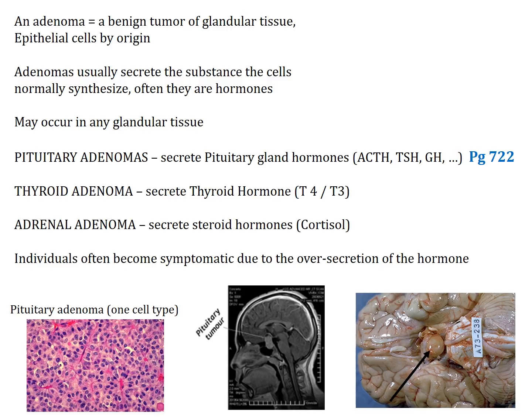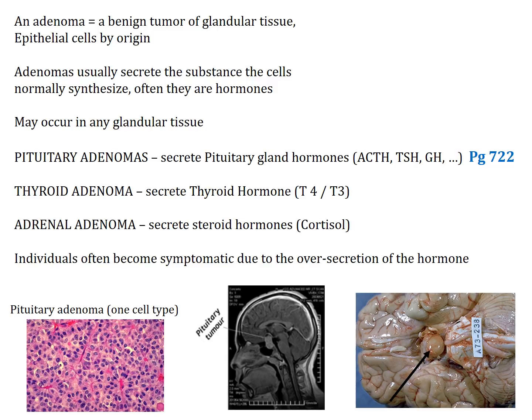If the adenoma is in the brain, specifically on the pituitary gland, look in the middle picture there, you can see the MRI of a big pituitary gland, and then look at the gross pathology at the base of the brain, and you can see this big enlarged tumor at the pituitary.